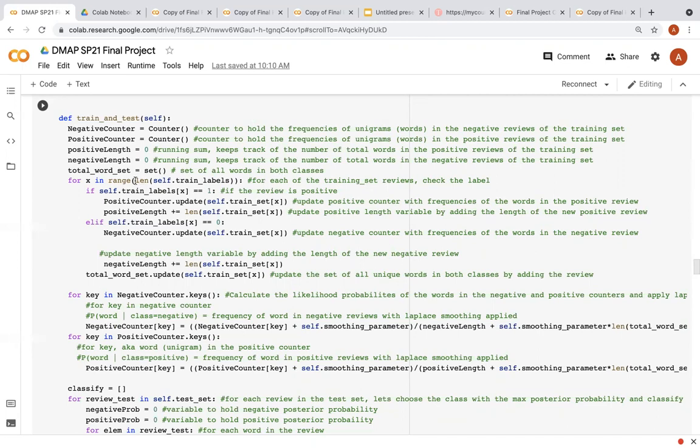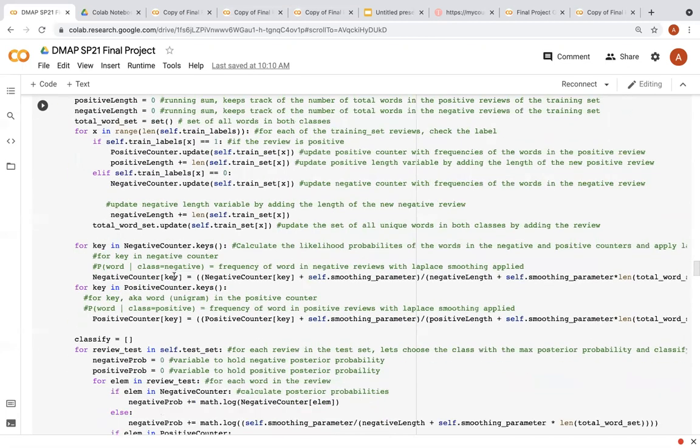So we just iterate over each of the training labels, and if it's a 1, the review is a positive, so we update our counter with the frequency of the words in that review, and the same thing with the number of words in the positive reviews.